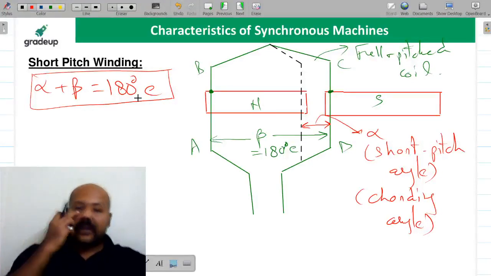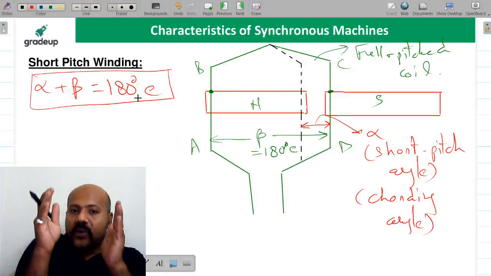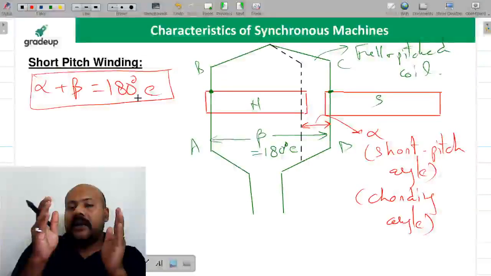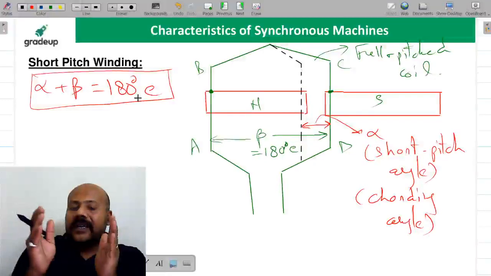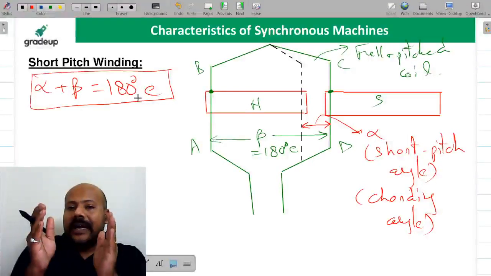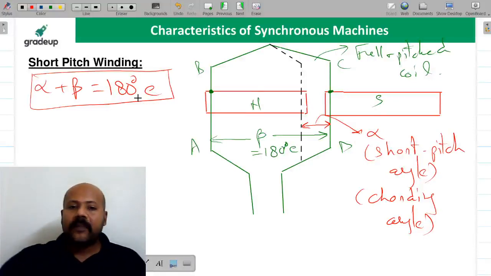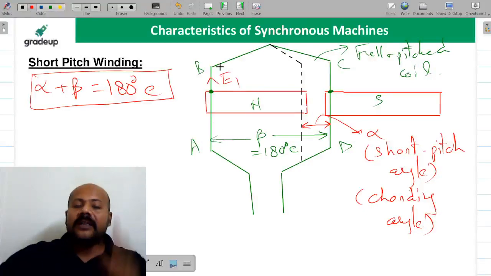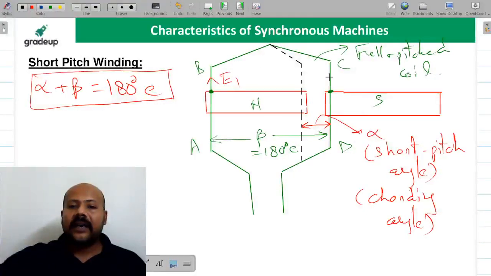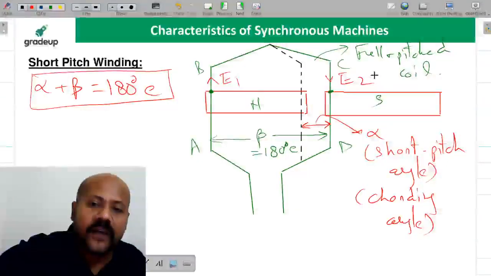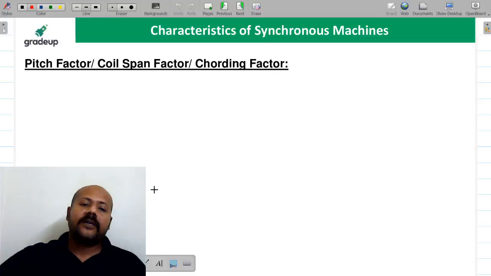Now beta, see what is happening. If you reduce the coil span from 180-degree electrical to a little bit less, alpha electrical degrees less, what happens? If there was EMF E1 in this coil side, and here it was E2, when it was a full pitch coil, both of them were in phase. Yes or no?